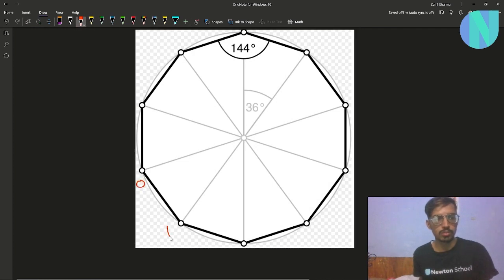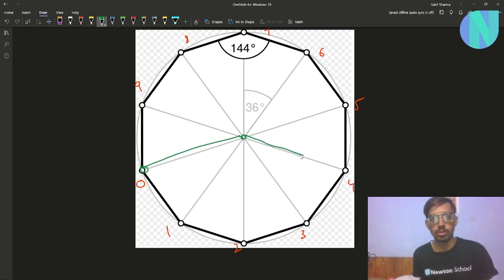So we have 0, 1, 2, 3, 4, 5, 6, 7, 8 and 9. Now I know my rubber band is around the 0th peg and around the 4th peg as well. This is the leftmost pivot, or you can say leftmost peg. Similarly, this is the rightmost peg, or you can say the right pivot.